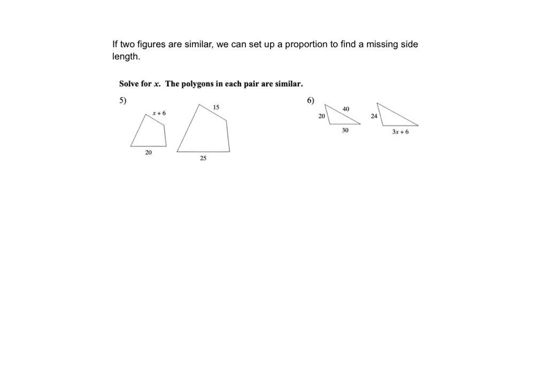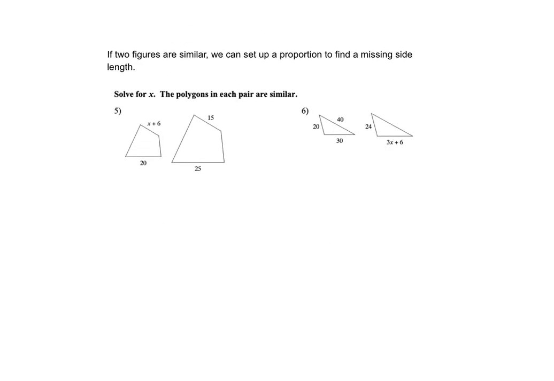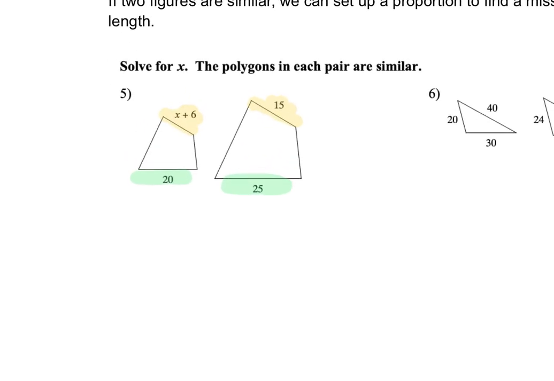And then the last thing is that we are going to be given two similar figures, and we are just going to write and solve a proportion to find x. Here's a pair of corresponding sides in yellow, and here is a pair of corresponding sides in green. When I go to write my proportion, I am just going to go yellow to yellow equals green to green.